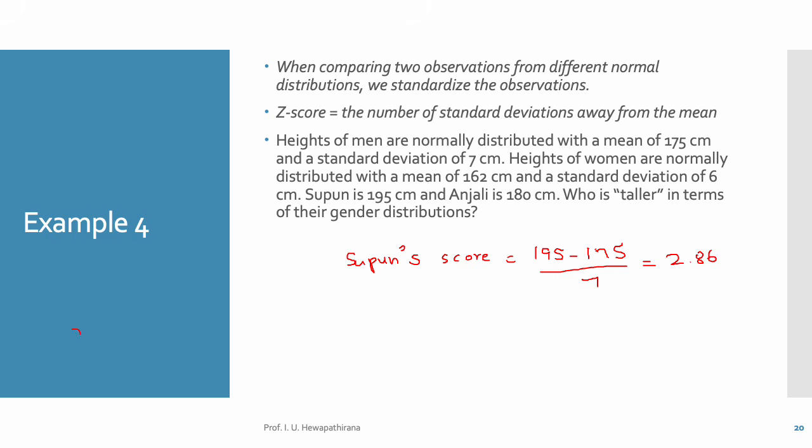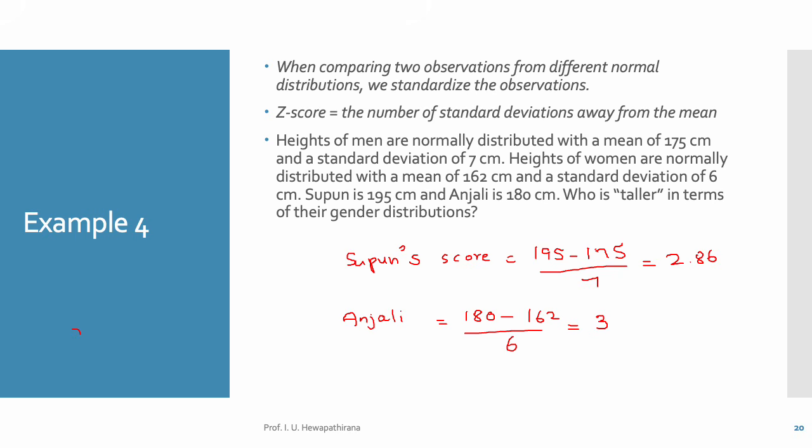And for Anjali, that would be 180 minus 162 divided by 6. That would be equal to 3.